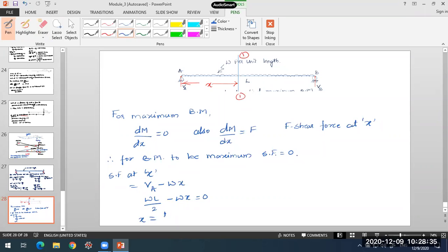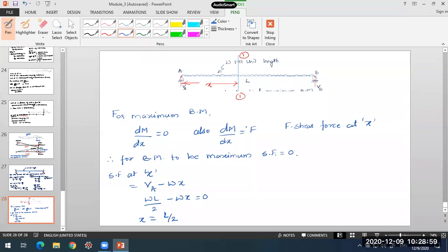It comes out to be L by 2. So what it tells is that exactly at the center of this beam, the bending moment is maximum. L is the span of this beam, so exactly at the mid span, L by 2, bending moment is maximum.